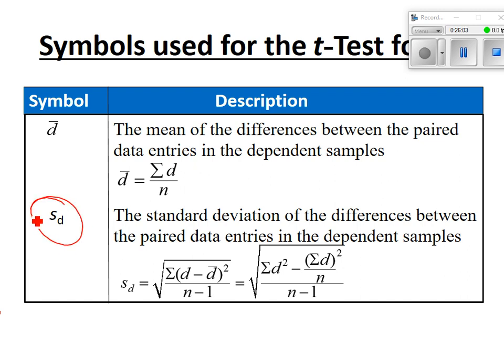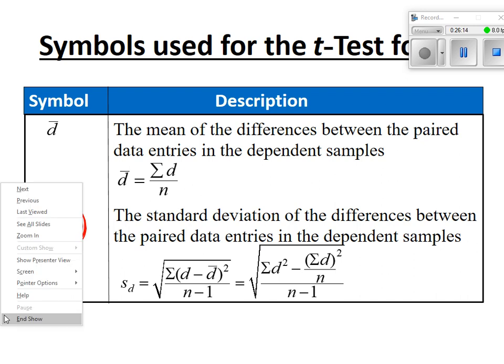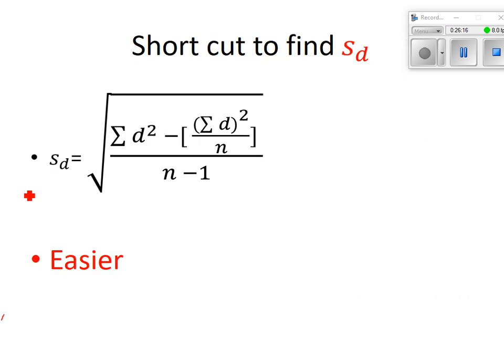SD, that's the standard deviation of the differences. Wait to write that down because I think on the next slide, let me look real quick. Yep. There. That's how you find your standard deviation of the sample.